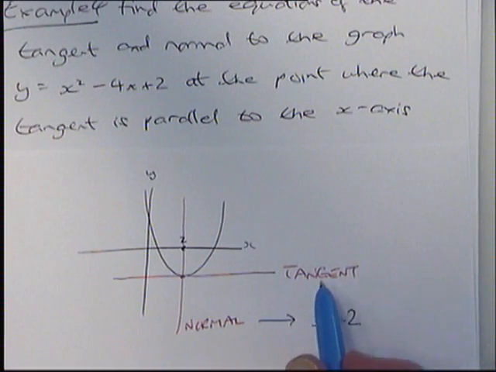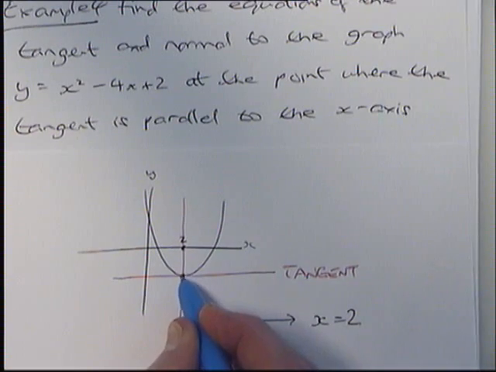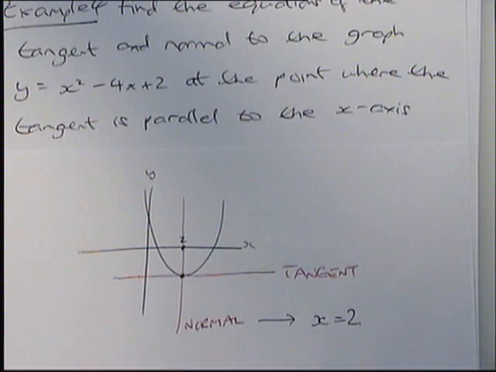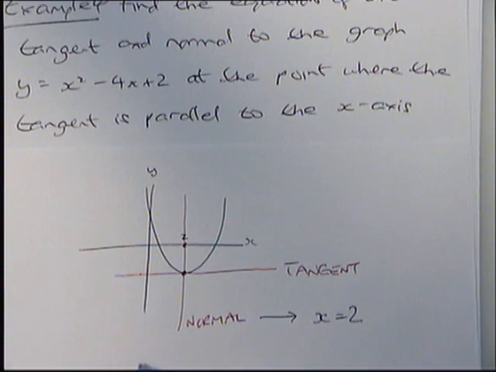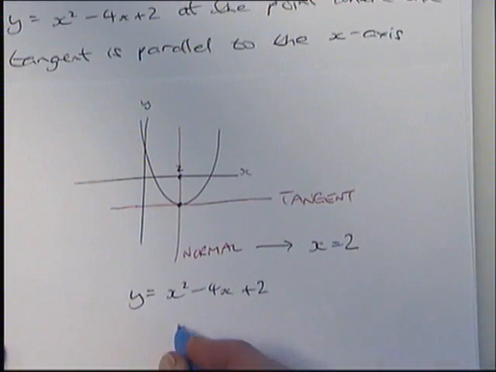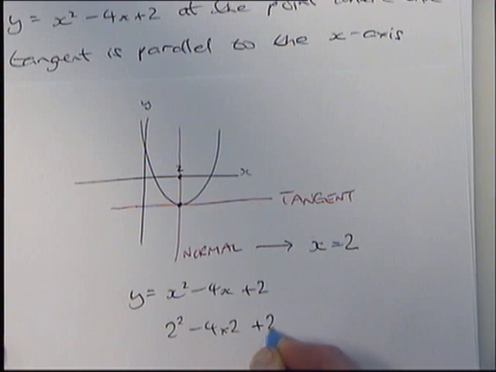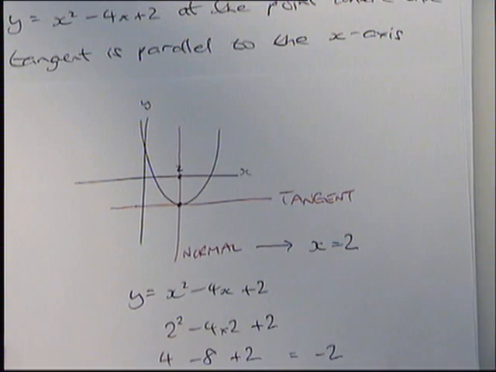To find the equation of the tangent, we need to know the coordinate here so we can find this y number. The equation we're using is y equals x squared minus 4x plus 2. When x equals 2, that gives me 2 squared, take away 4 times 2, plus 2, which is 4 minus 8 plus 2. 4 minus 8 is minus 4, add 2 is minus 2.